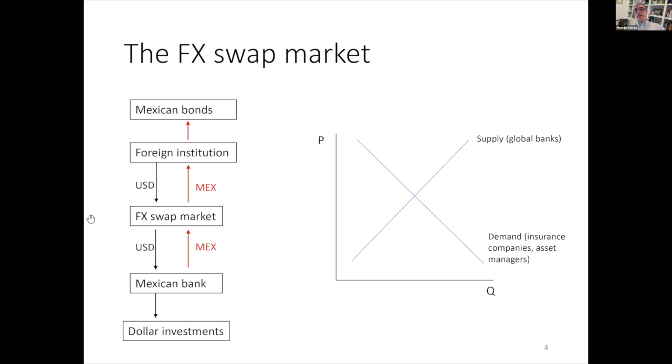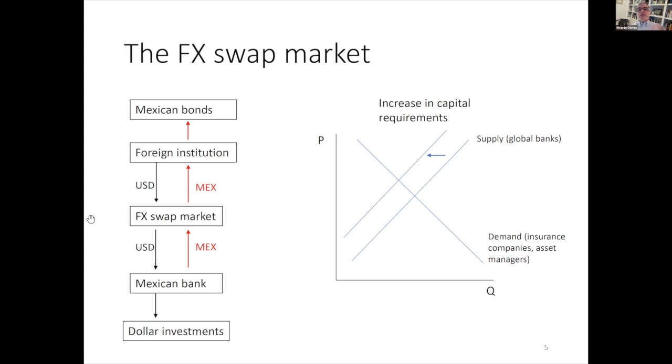On the flip side, on the demand side, you have these insurance companies that I was discussing in Japan, Taiwan, or big asset managers that are investing in local currency assets, and they need to hedge those positions as well. So this is in a nutshell that market.